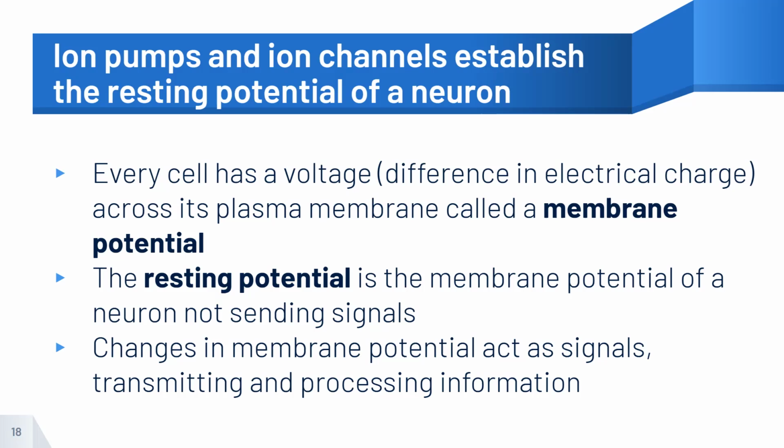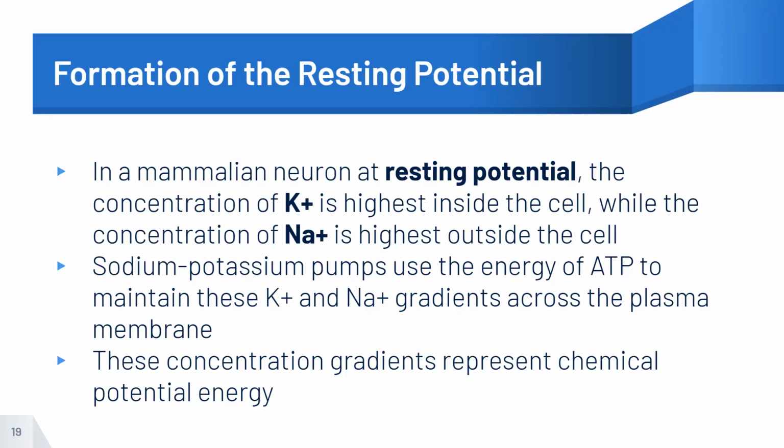The normal resting potential of a neuron is going to be negative inside the cell and positive outside the cell. So there's going to be that charge difference between the inside and the outside, and that is the resting potential. So normally when the cell is at rest, what you've got is a high concentration of potassium inside the cell and a high concentration of sodium outside the cell.